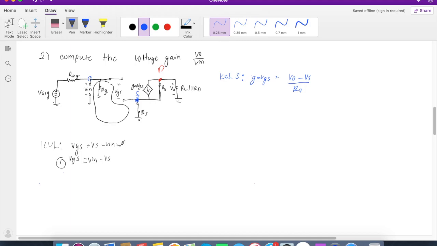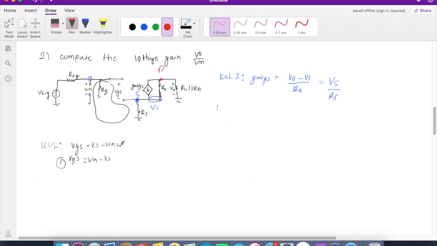Because Vs is the node voltage across here, and V out is obviously the voltage at the drain node. So that is all equal to Vs over Rs, sorry. So now we have our first equation.